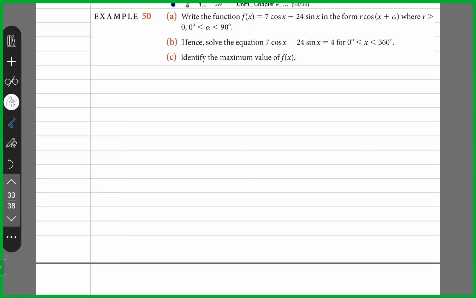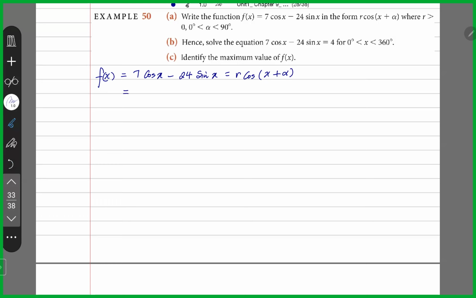Example 50 is asking us to write f of x equals 7 cos x minus 24 sin x in the form r cos(x plus alpha). All right, so let's expand.